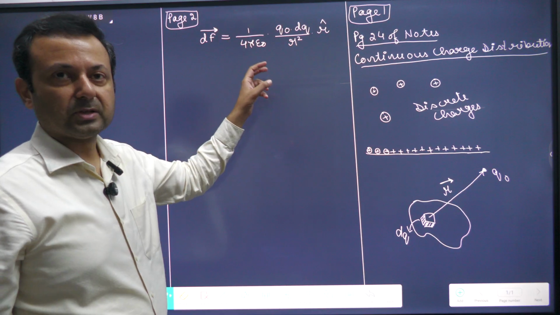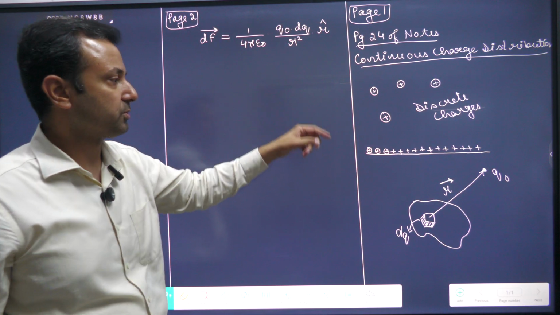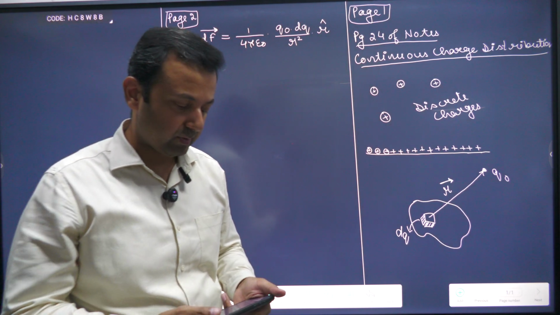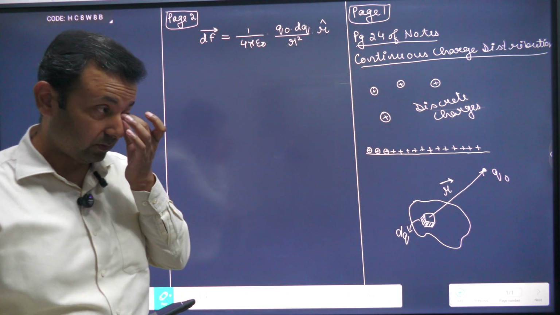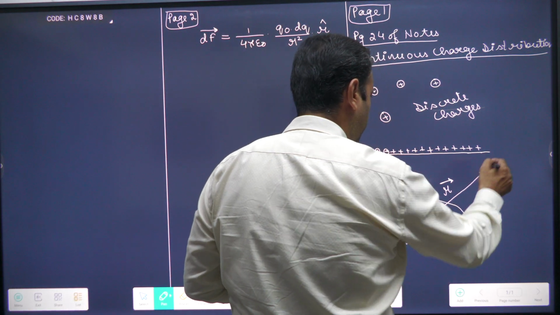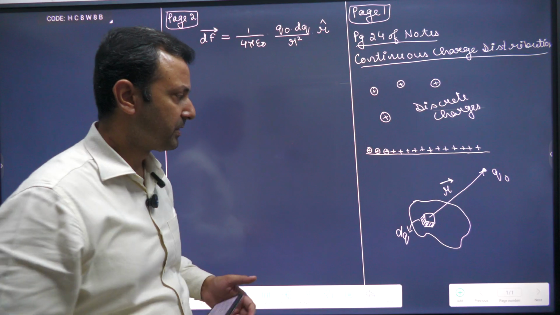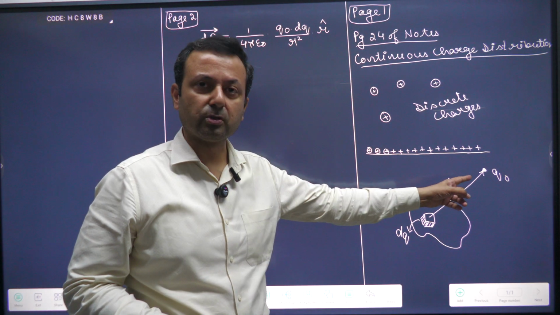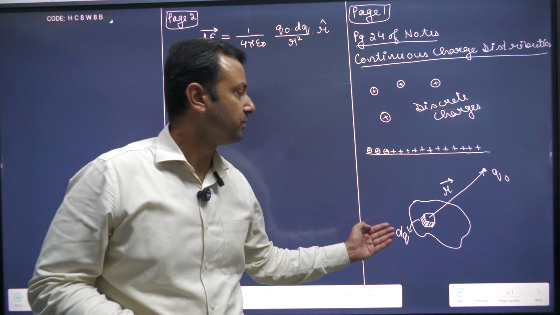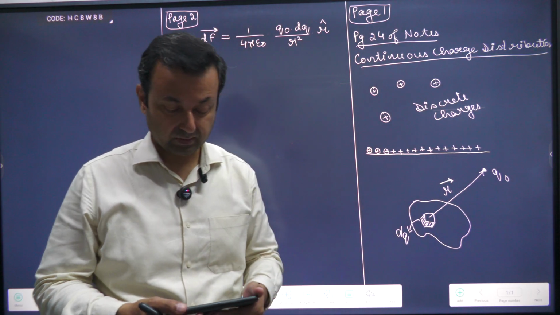So dF is 1 upon 4 pi epsilon naught q naught dq upon r square. r is the distance between these two charges, and r cap is a unit vector pointing from dq to q naught, because this is a positive charge and this is also a positive charge, so positive will repel positive. That's why the direction will be from dq to q naught.